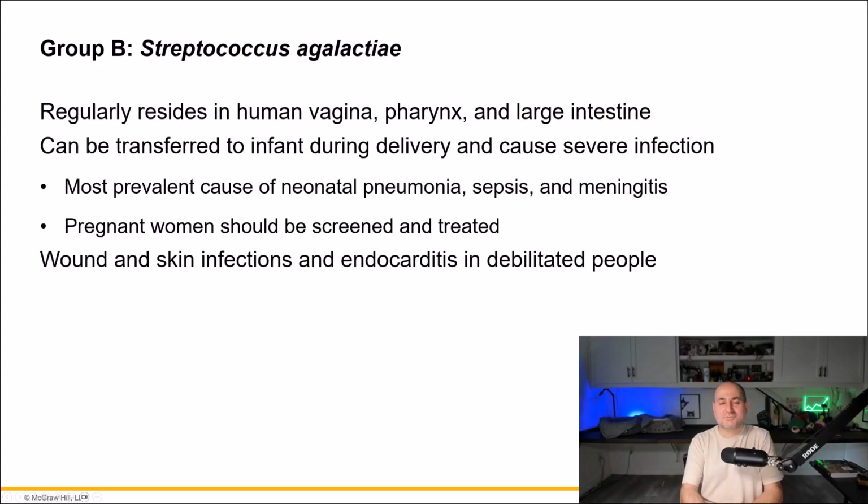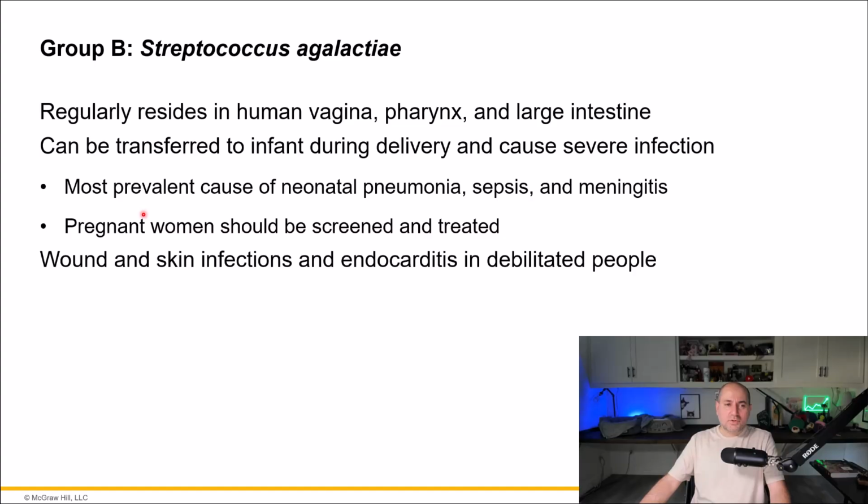All right, welcome back from break time with Gizmo and Wicket. So we just finished talking about Group A streptococcal diseases. Now let's talk about Group B, starting with Streptococcus agalactiae. These regularly reside in the human vagina, pharynx, and the large intestine. They can be transferred to the infant during delivery and cause severe infection this way.